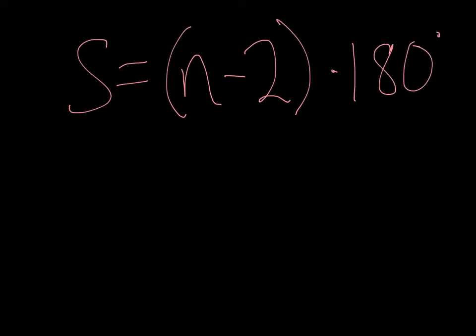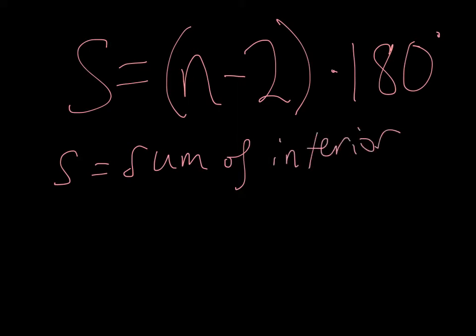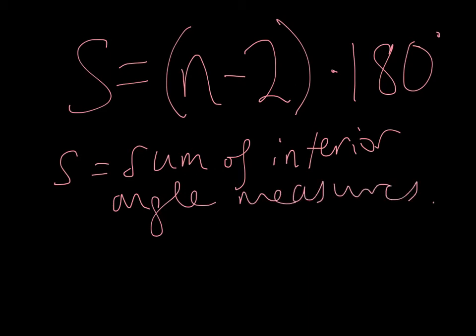This must be in your notes. So, S equals sum of interior angle measures. N equals the number of sides.